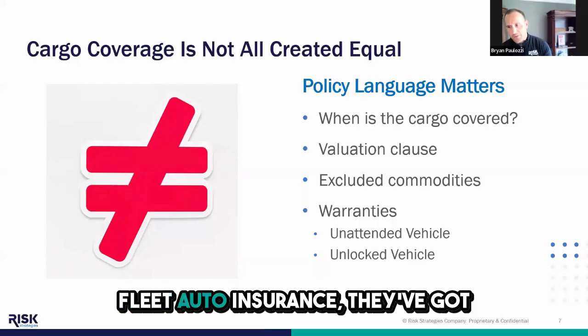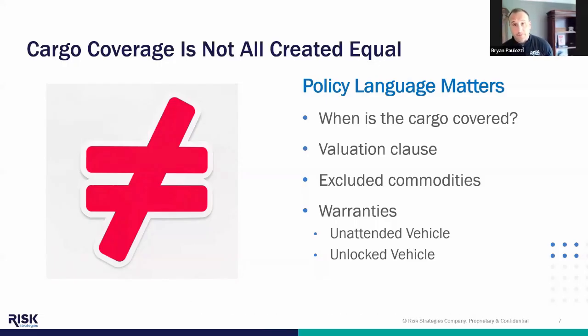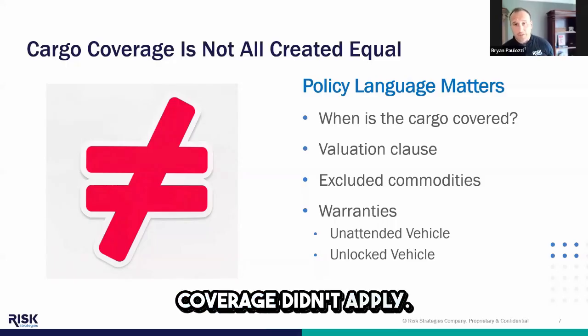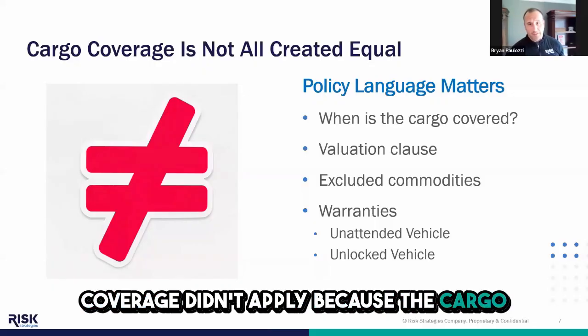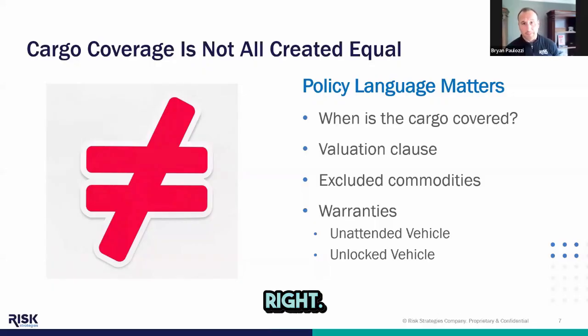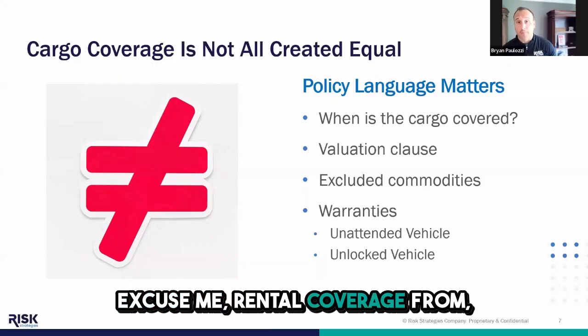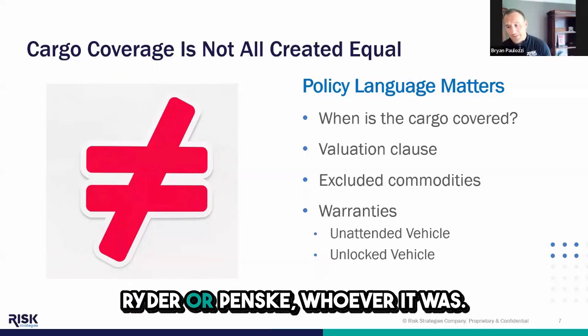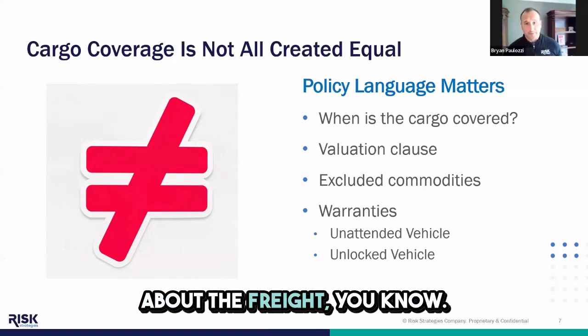They've got fleet auto insurance, they've got cargo, they've got GL wrapped in, went and rented a truck, and coverage didn't apply. The cargo got thefted, and coverage didn't apply because the cargo didn't extend over that rental vehicle, right? Because ultimately they got rental coverage from Ryder or Penske, whoever it was. This was a weekend job, and they didn't even think twice about the freight.